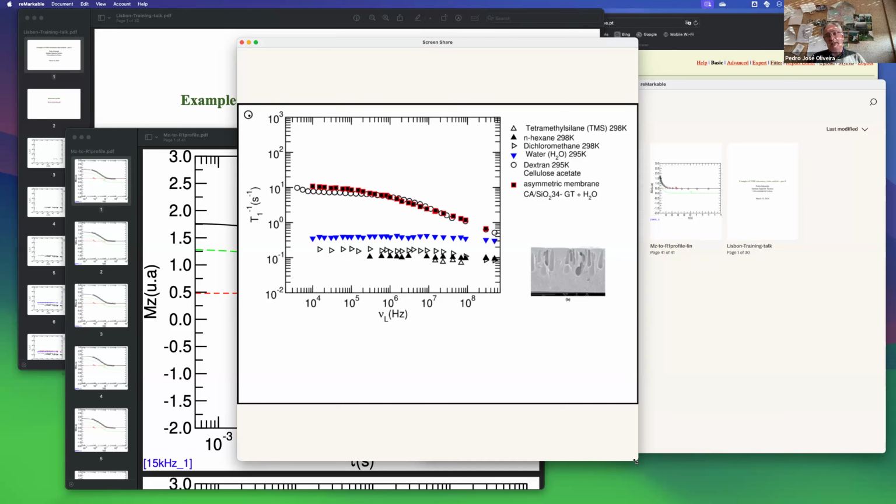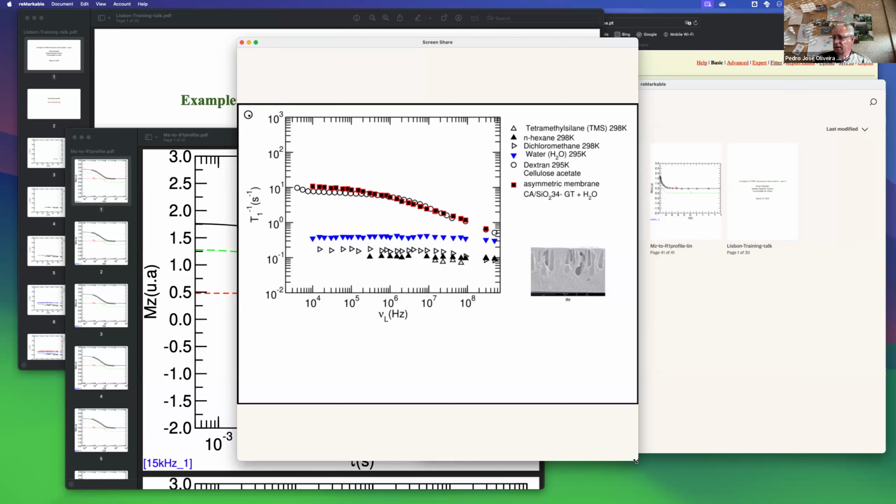But this is interesting because if I now have water in cellulose acetate membrane, with the silicium particles also there, or silicium atoms.